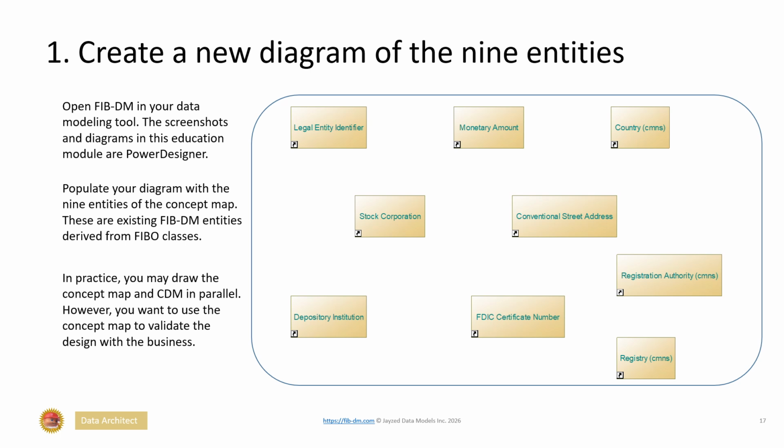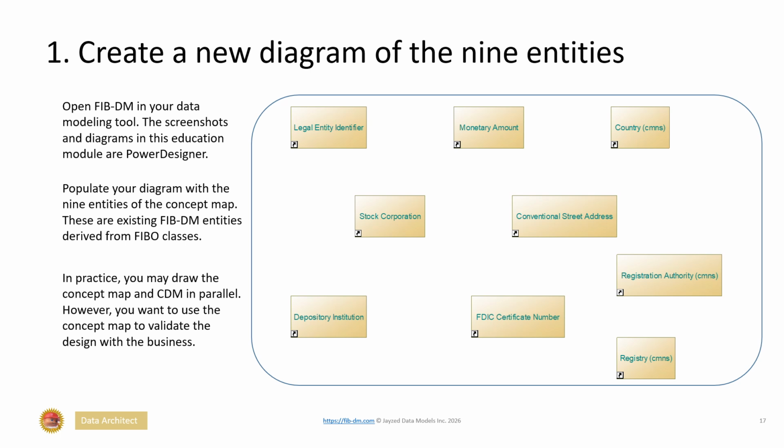And then in practice, as a data modeler, you may draw the concept map and conceptual data model in parallel. Now, however, I highly recommend that you use the concept map to validate your design with the business.